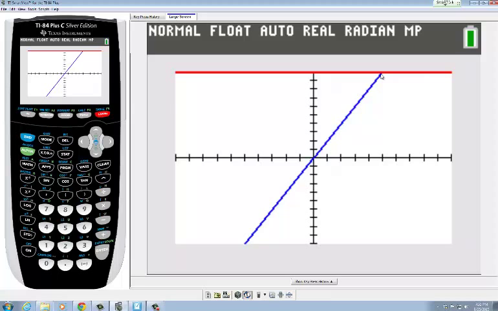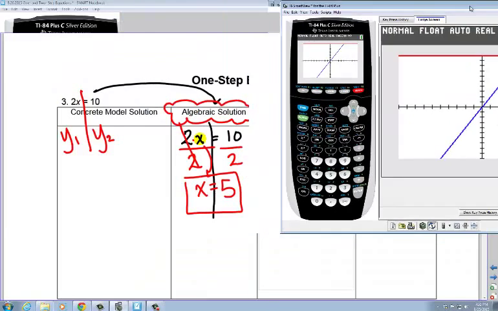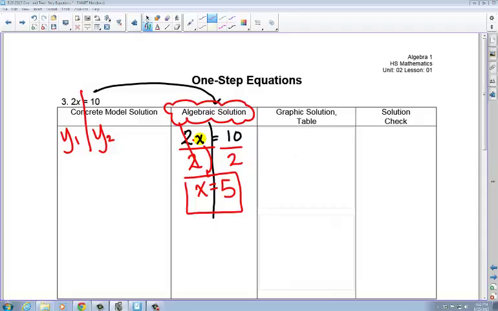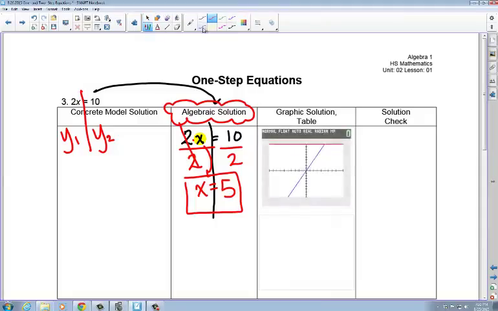Notice the intersection. That's the coordinate point that we need. So we're going to look. It is at 1, 2, 3, 4, 5, and up to 10. So it's 5, comma 10. That's the coordinate point where the blue and the red line intersect.